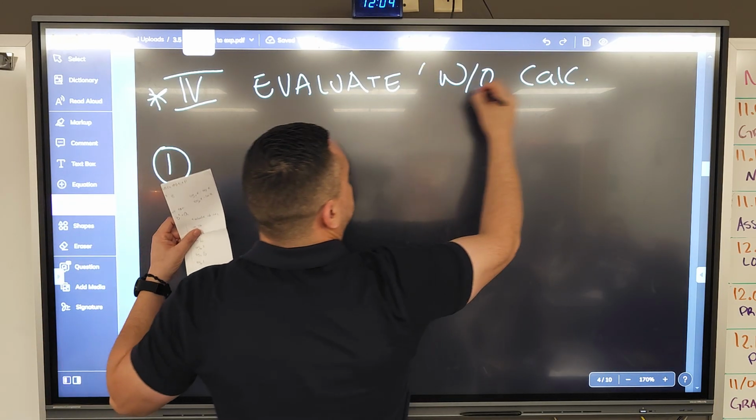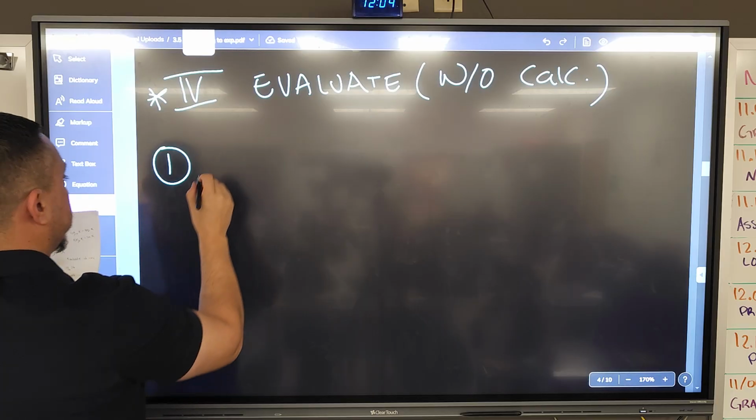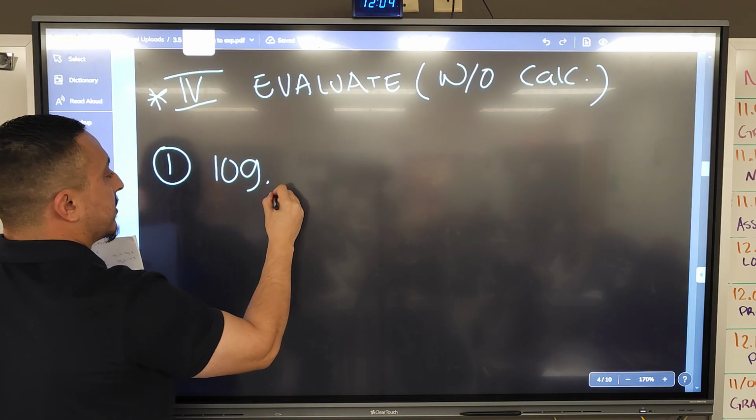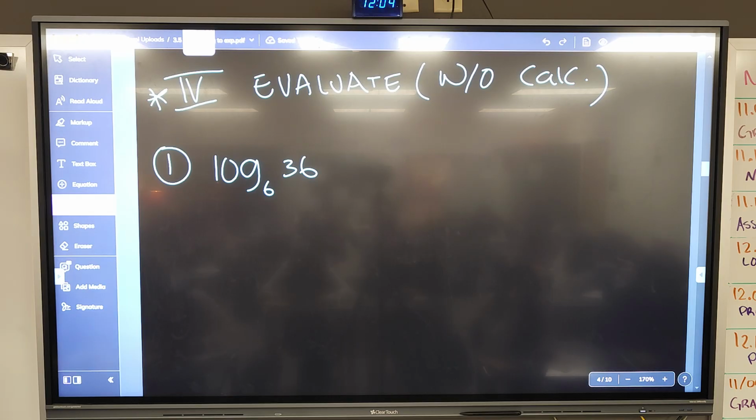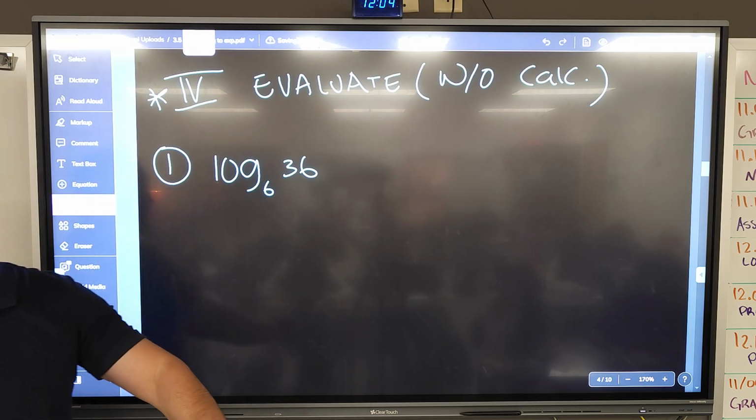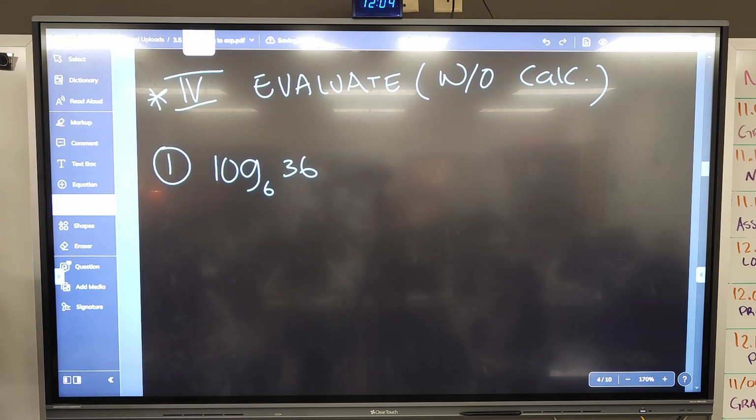So number 1. Okay, guys, so evaluate means what's the answer to this, okay? And it's like, I have no idea, right? Without a calculator. With a calculator, you just plug it in and push enter, and it throws the answer at you. But this is where you convert, and if you convert, it's really easy to do.